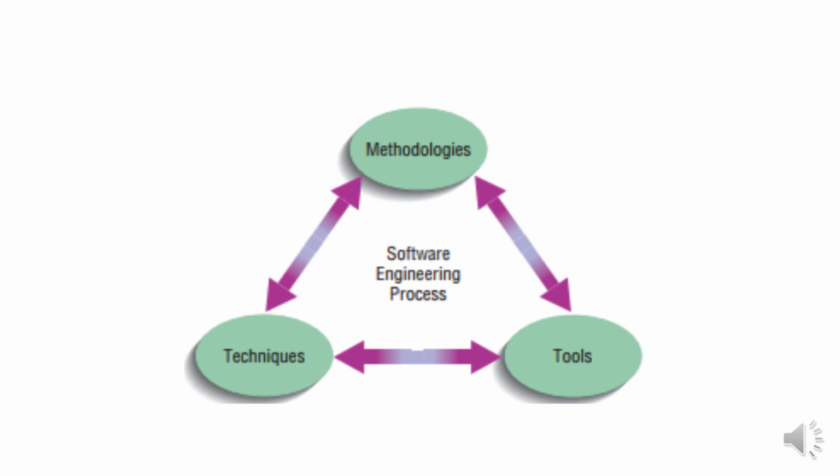This is the view graph of the software engineering process, which has three main components: methodologies, techniques and tools, and all three are very important in terms of the performance of the organization and keeping track of organization functions.